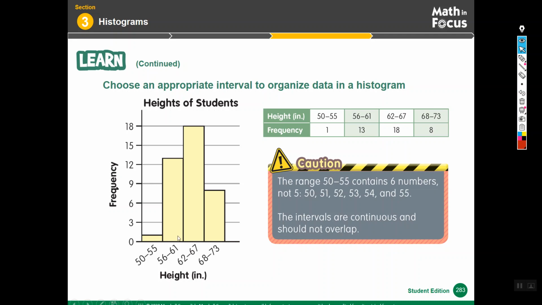In this one here, there's 13, but you don't know if 6 of those 13 were 56s, so you don't know very many specifics when you're using a histogram. It's more general trends. Okay.